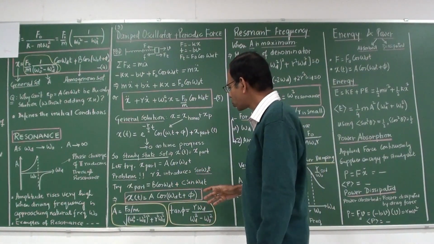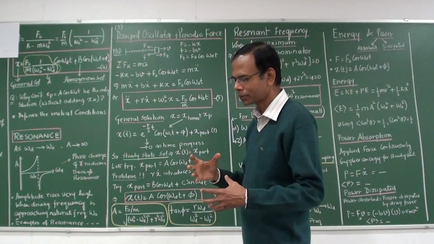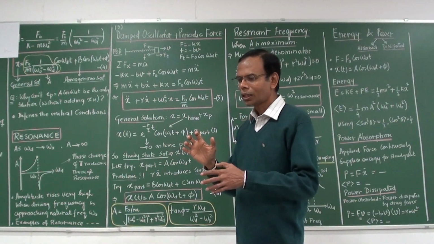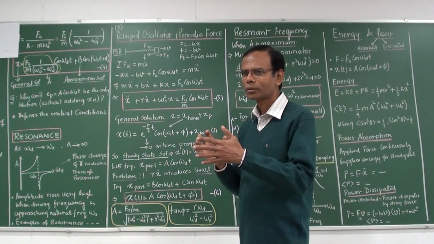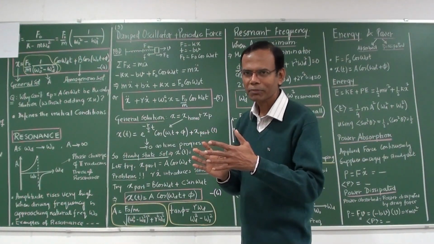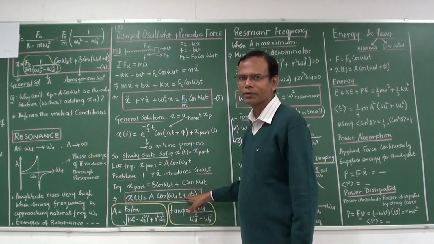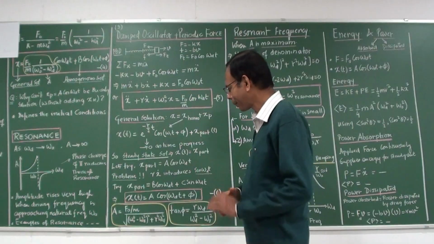Alright. So there is a lag. That means if damping is present and you are giving a force, the resultant displacement will be delayed. So there is a lag between the force and the displacement. That is the significance of the negative sign over here.